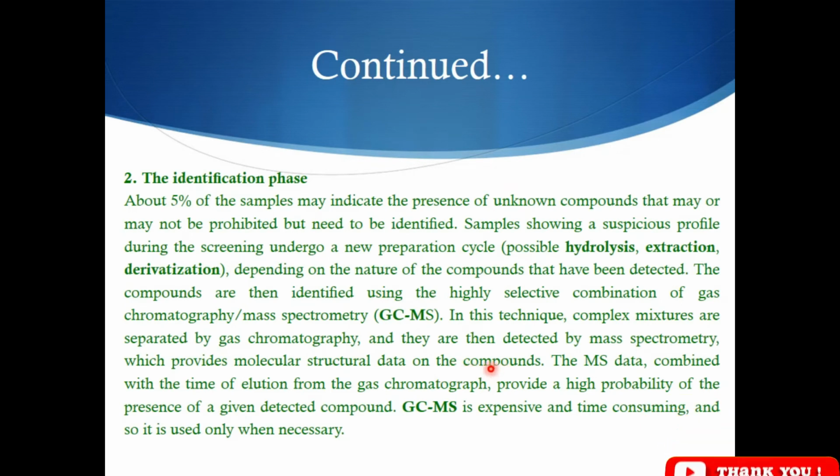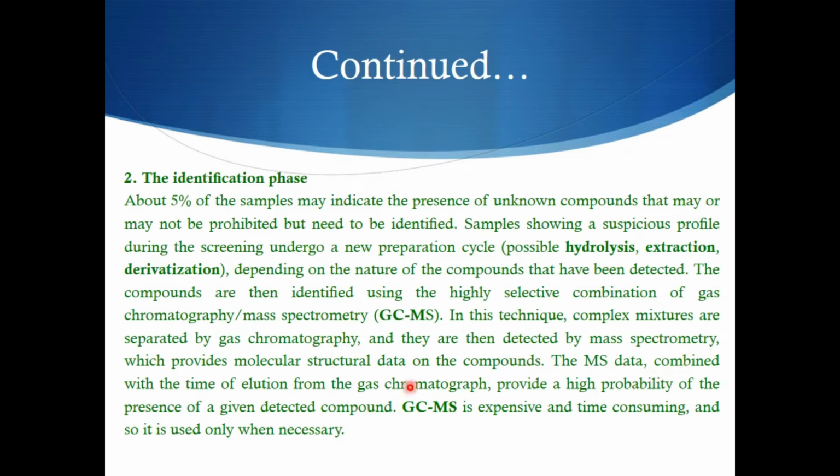The computer will perform this analysis automatically, and it will compare the mass spectrometry data obtained from the instrument with the data of the compounds present in its library, and after comparison it will give you the results once the analysis is performed.